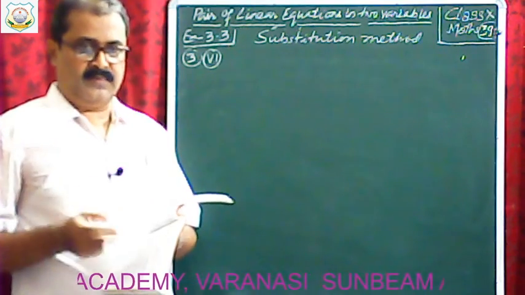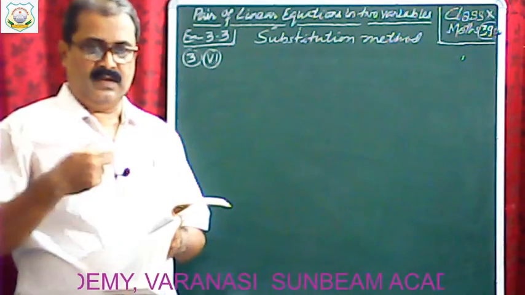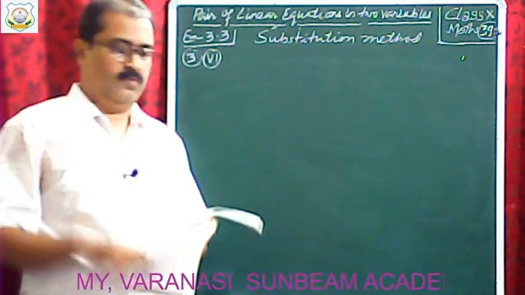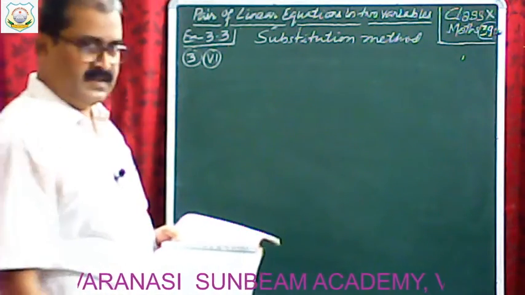Okay, relation of ages between Jacob and his son is given 5 years hence and 5 years ago. So first of all, we have to suppose the present ages of Jacob and his son.